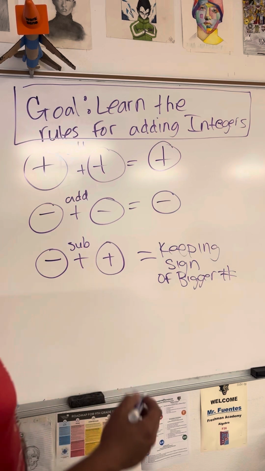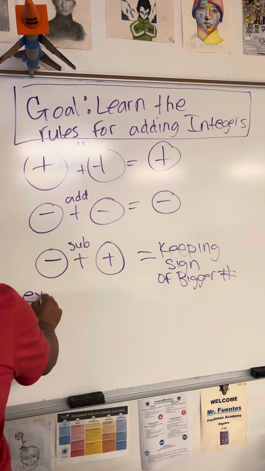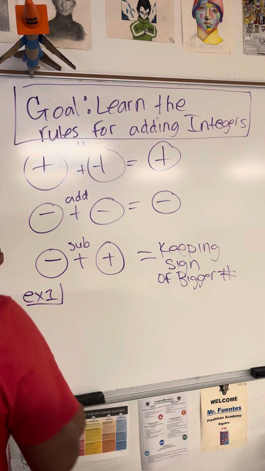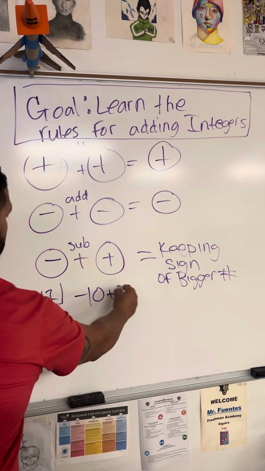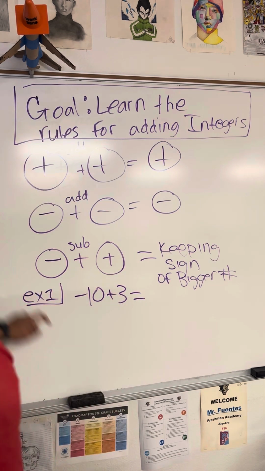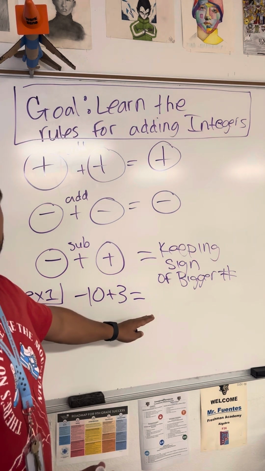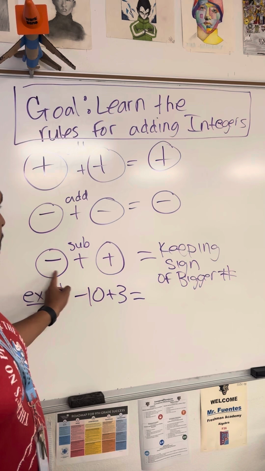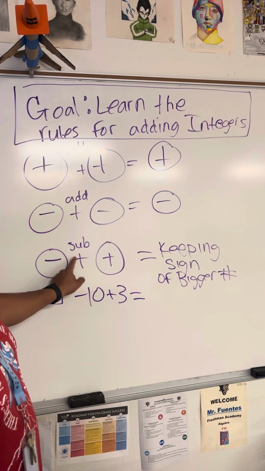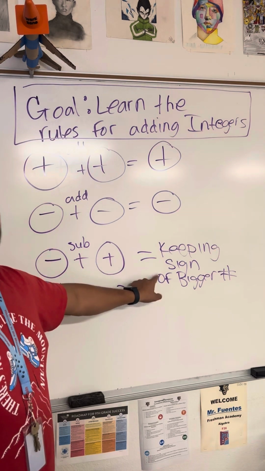Example one. Let's say we have negative 10 plus 3. I have a negative and a positive, so I look at this rule. I know that I'm going to subtract them and keep the sign of the bigger number.